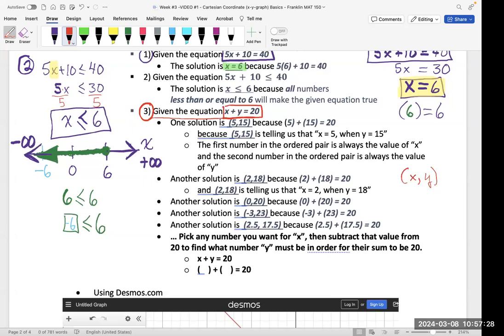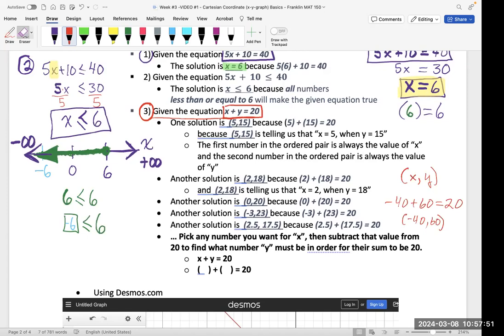Then you've got negative numbers like -40 plus 60, that will equal 20. So that means the ordered pair -40 and 60 will make the equation true. If you had to list all of the solutions, you would never finish.